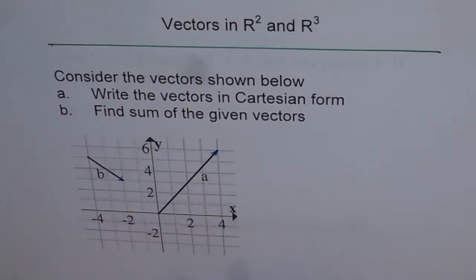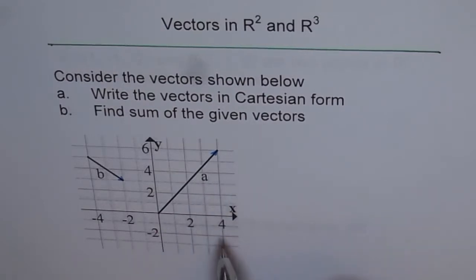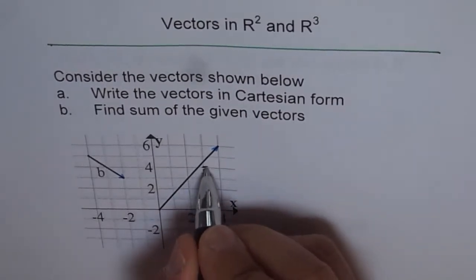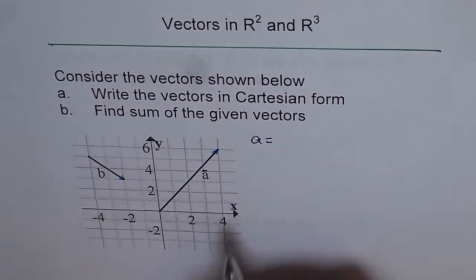But when we specifically fix their position so that the tail ends up at the origin, then it is called a position vector. Now let's find out what is the representation of vector A in Cartesian form. So vector A can be written with the help of its coordinate points.